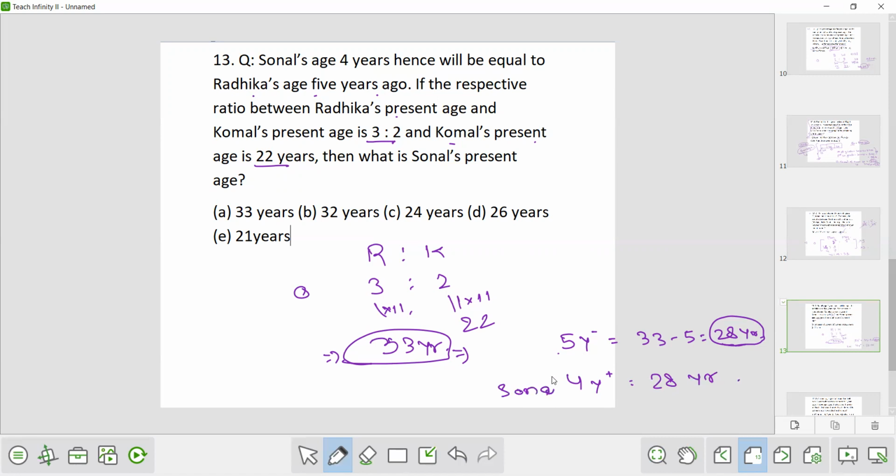So what is Sonal's present age? If after 4 years Sonal will be 28, then at present Sonal is 28 minus 4, that is 24 years. So option C is the correct option.